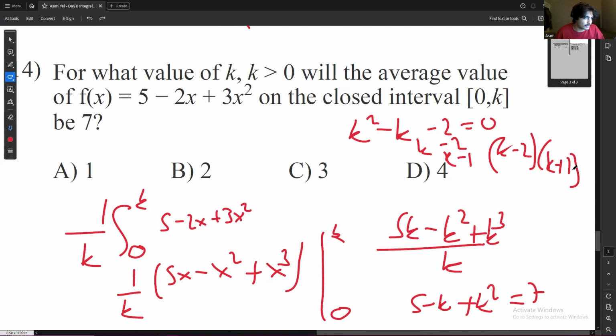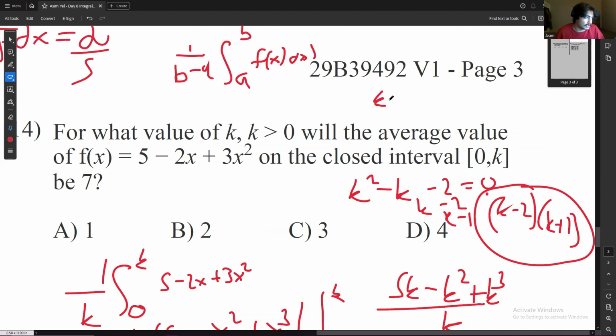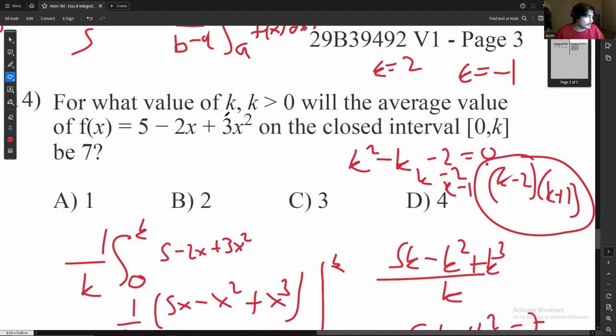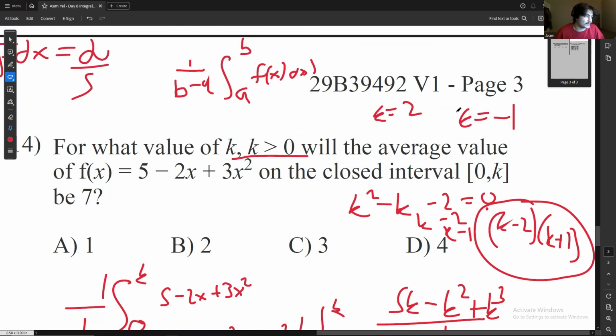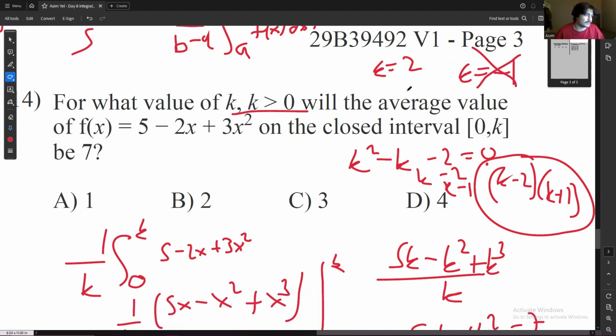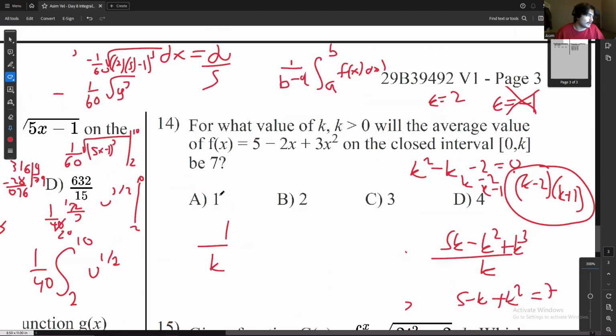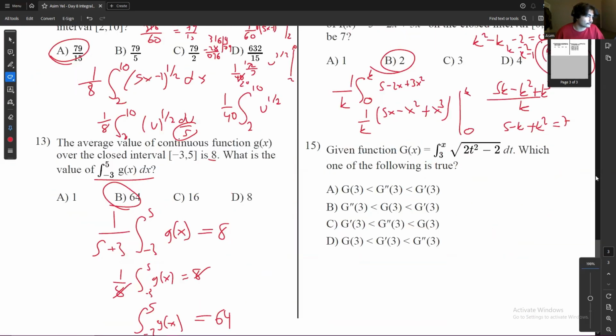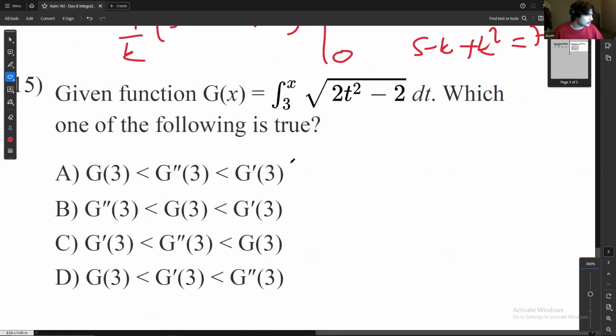Oh, I'm sorry, this is positive 1. I was making that mistake. So for the solutions of this equation, k will be either equal to 2 or k will be equal to -1. But the question is asking for k's positive value, so I eliminate this one, and I end up with k equals 2.